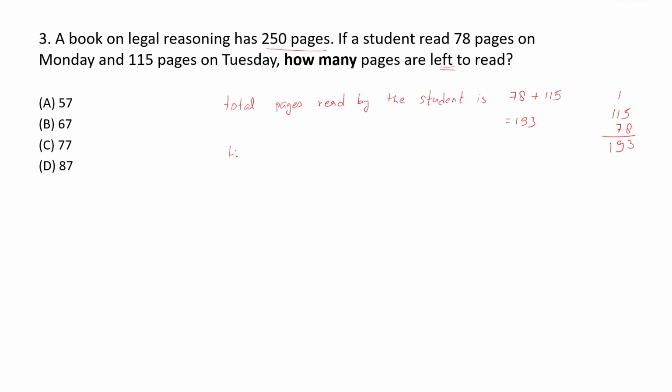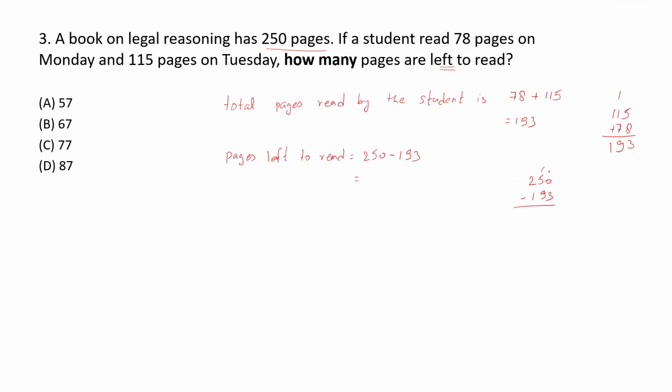So let me write pages left. Pages left to read is 250 minus 193. And that will equal to, let's see, 250 minus 193. Subtract. Here we have added them up.